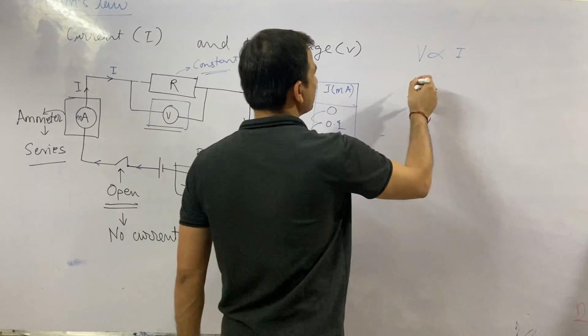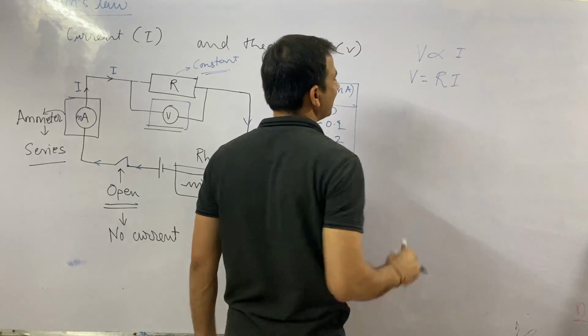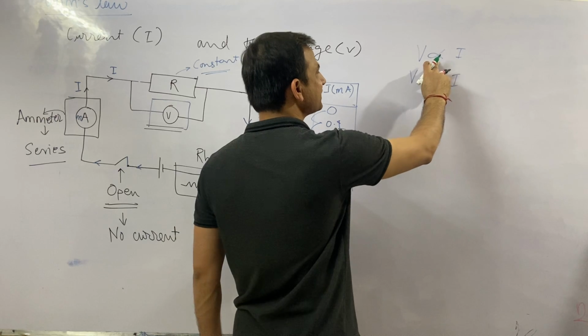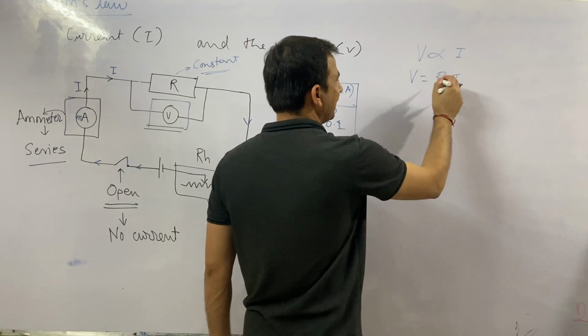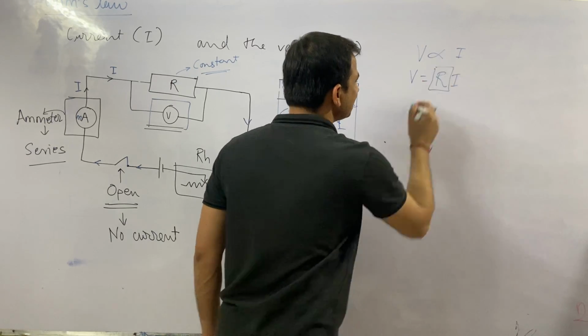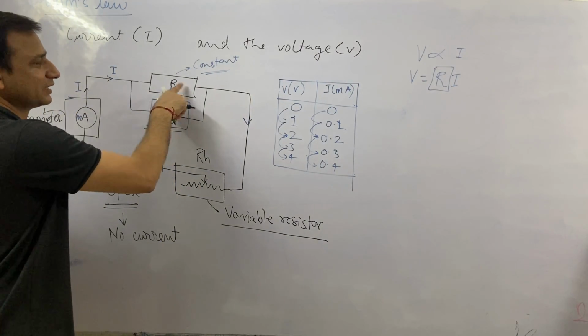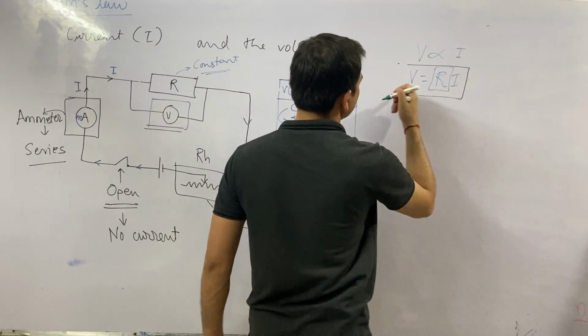So V is proportional to I, and V is equal to RI. I'm replacing the proportionality sign with a constant, and this constant is the resistance of this resistor. And this is Ohm's law.